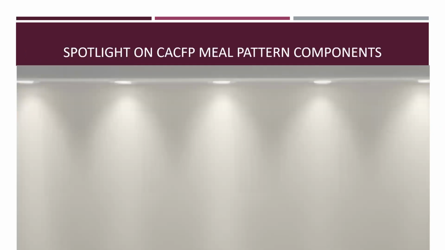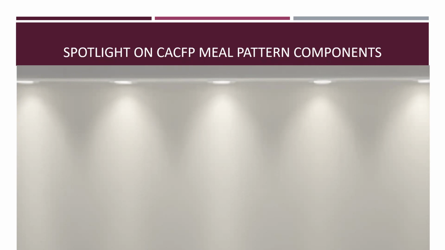Before we can learn about meal patterns in CACFP, we need to recognize the food components that are used in each of the meal patterns. All CACFP meal patterns are built around the same 5 meal components.